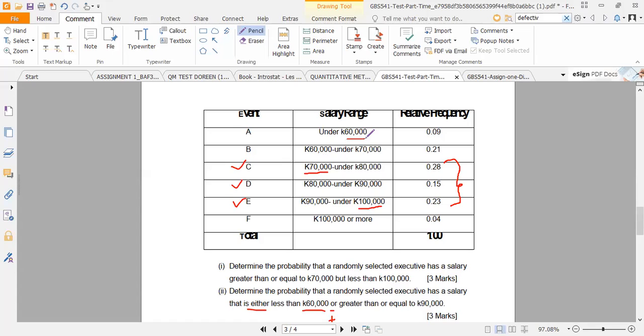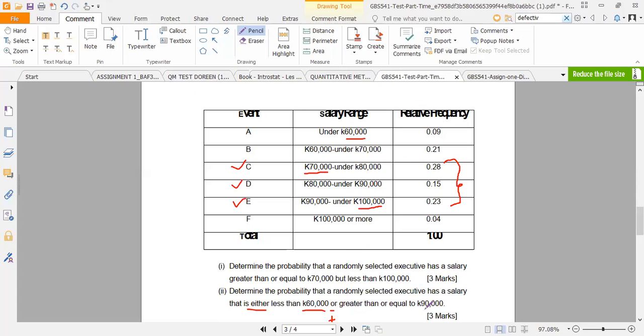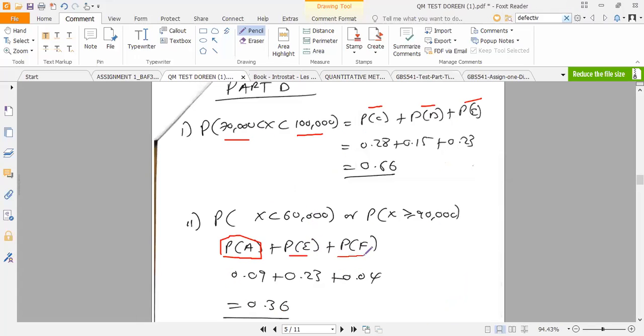Less than 60 is under 60, which is A. Greater than 90, just from here, 90 and more. This is greater than 90, and this is also greater than 90. So greater than 90 is E and F. So you're just adding these ones here. Below 60 or above 90.